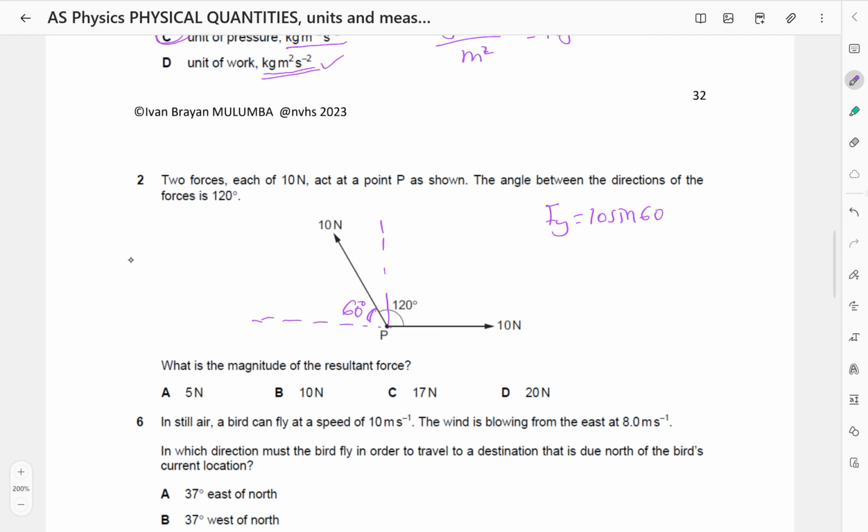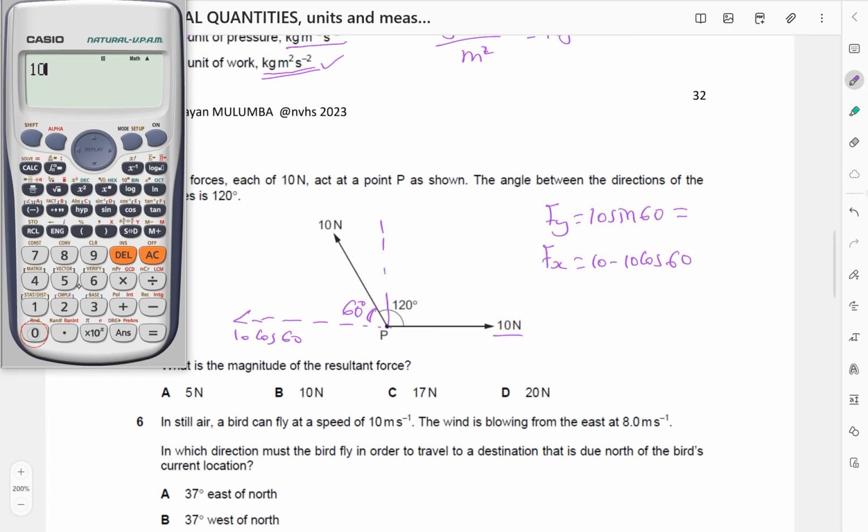There is no other force in the vertical. And in the horizontal, 10 points this side, which will be 10 cos 60, and there's 10 this side. So in the horizontal, I have 10 minus 10 cos 60. Because they're in opposite directions, I had to subtract them. Then the resultant will be by Pythagoras theorem.